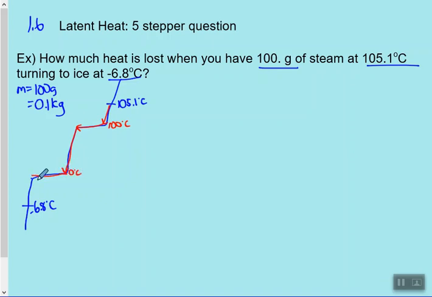And then turning my water at 0 degrees Celsius, freezing it into ice at 0 degrees Celsius. And then all the way down here, turning my 0 degrees Celsius ice to negative 6.8 degrees Celsius ice. So this will be 1, 2, 3, 4, 5 steps we need to do.